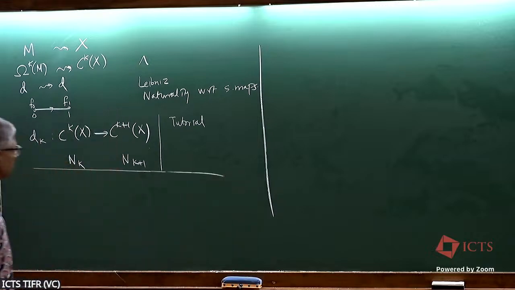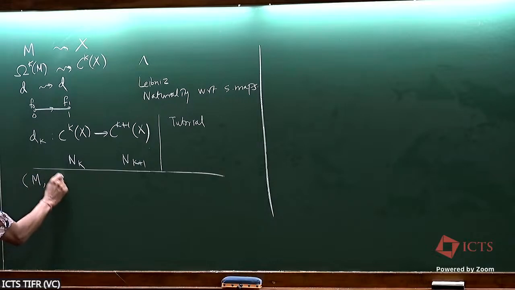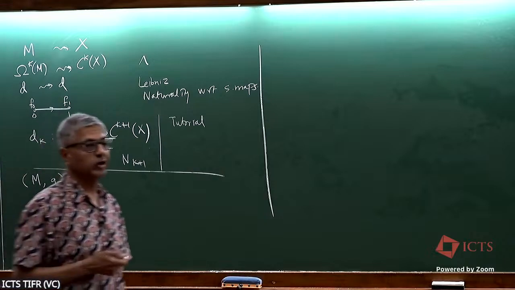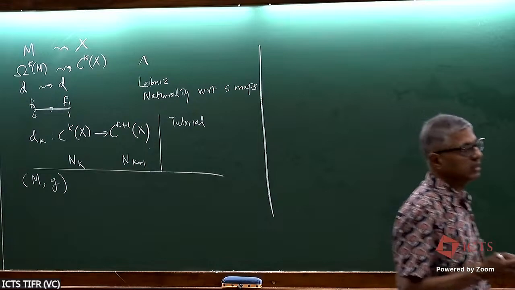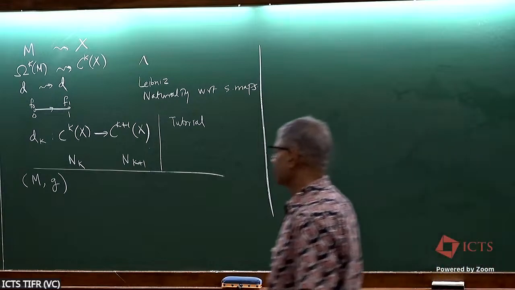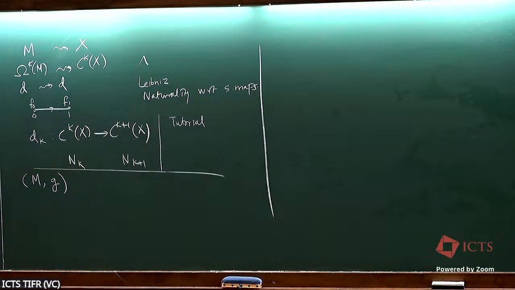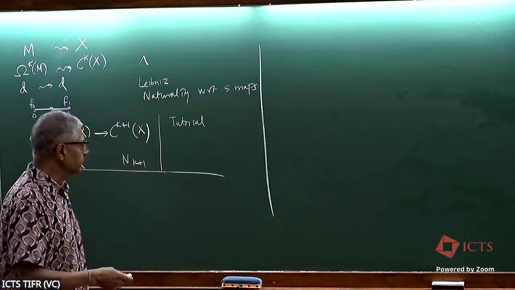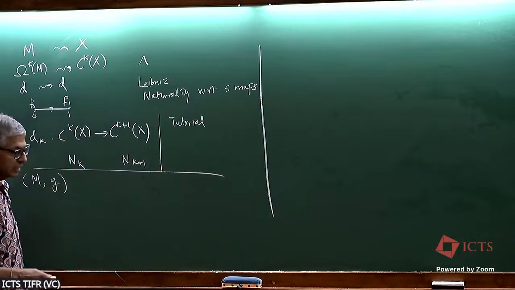Okay, so now let's start talking about the metric and how that enters. Now we will have a metric on a manifold. So we have a Riemannian manifold, so that we have a way to measure lengths and angles on the tangent spaces of the manifold. The way this metric will enter into exterior calculus is via various operators, the main one of which is called the Hodge star operator.